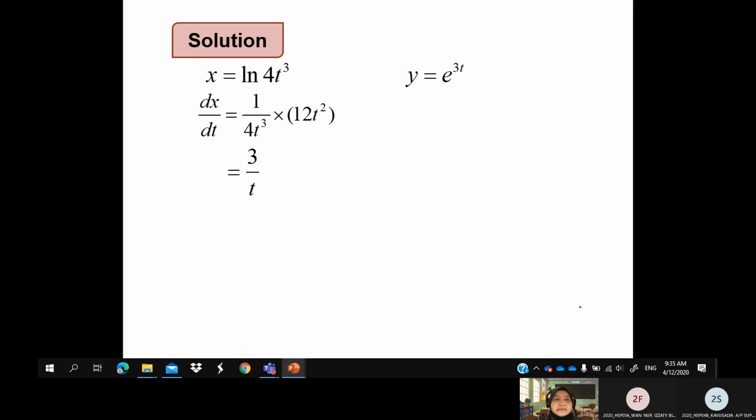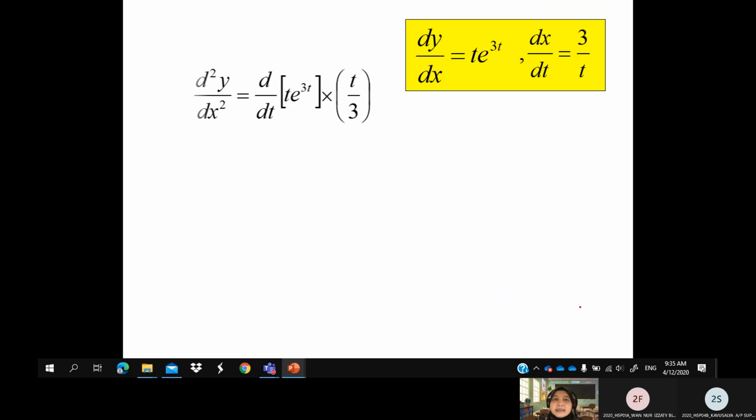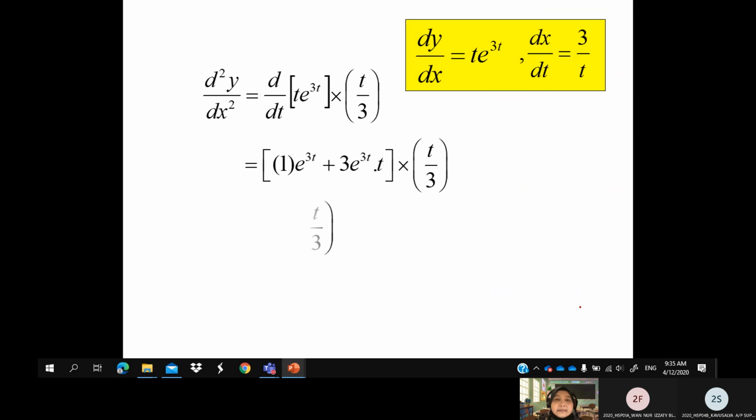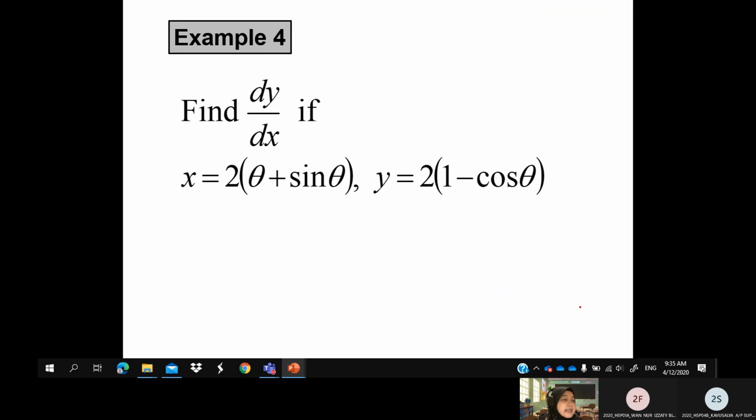Now, example 4. Find dy/dx if given x and y in terms of theta. So simple actually.